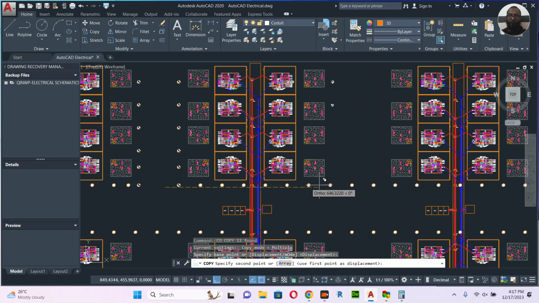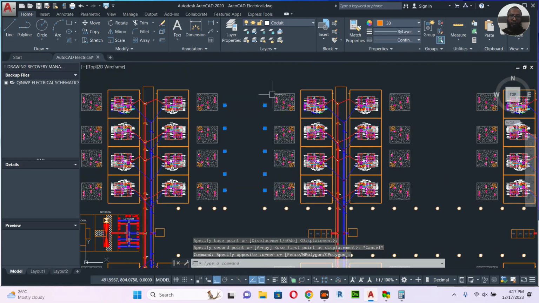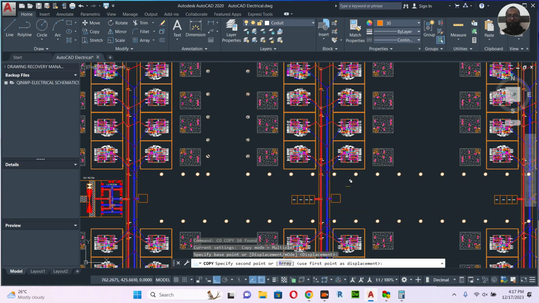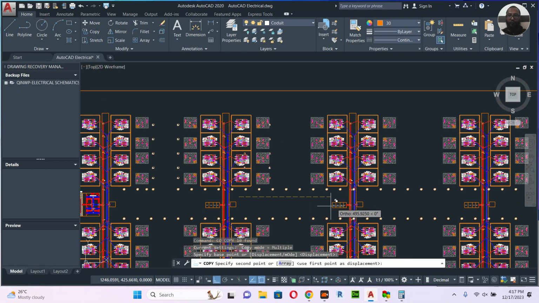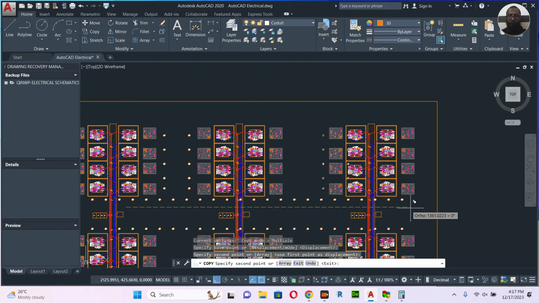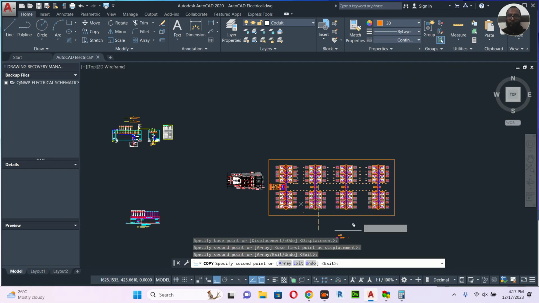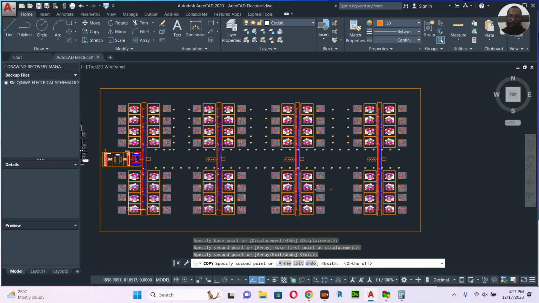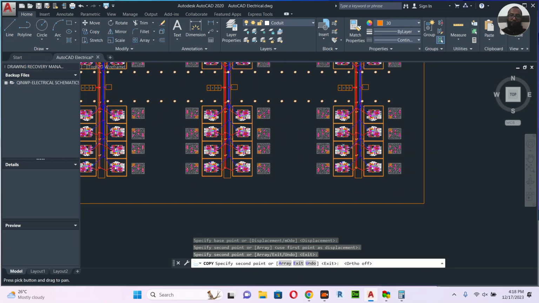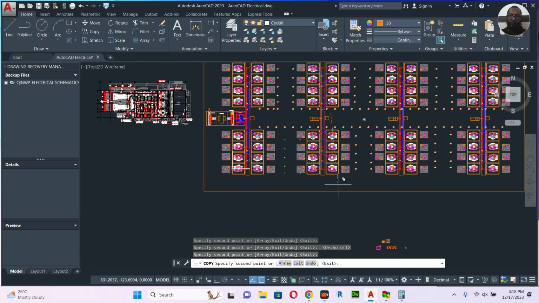I'll select only this, copy, and also copy here, and here and here.